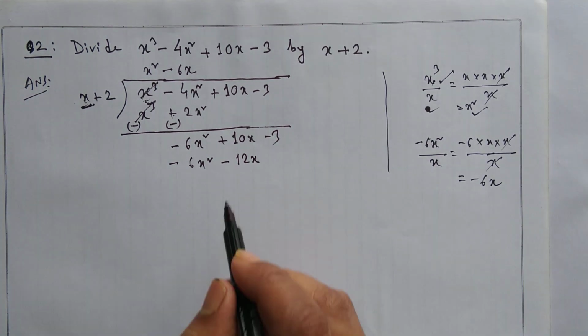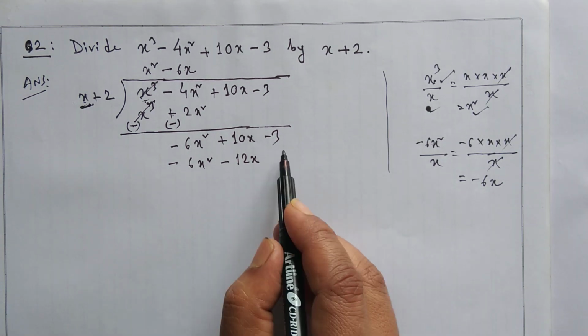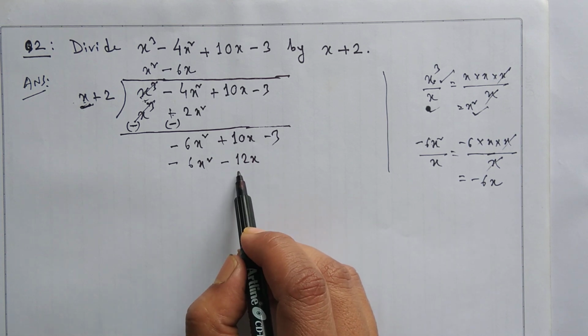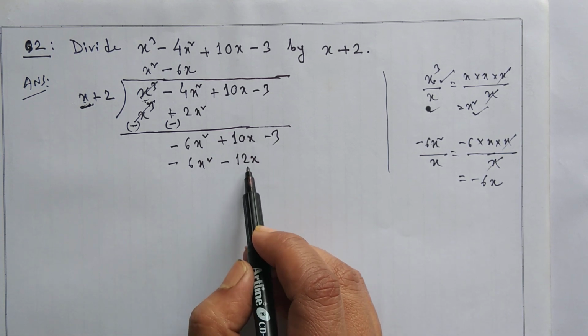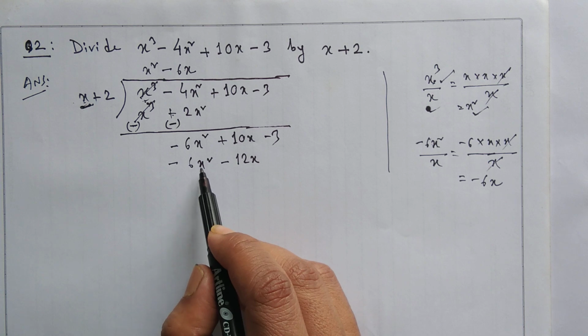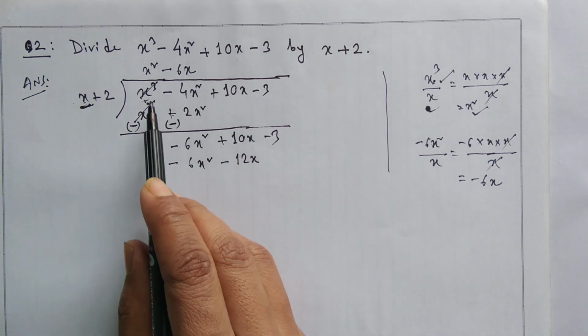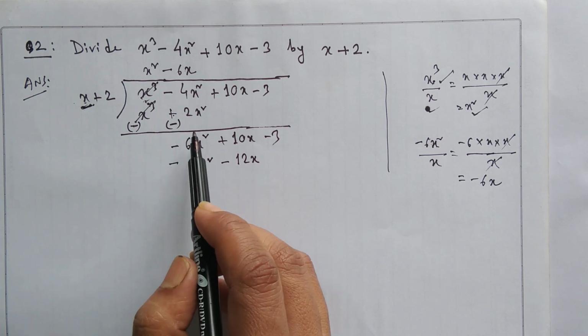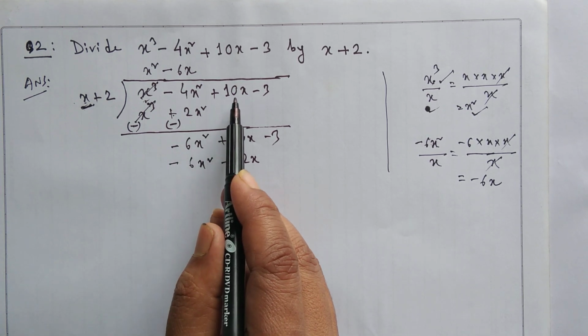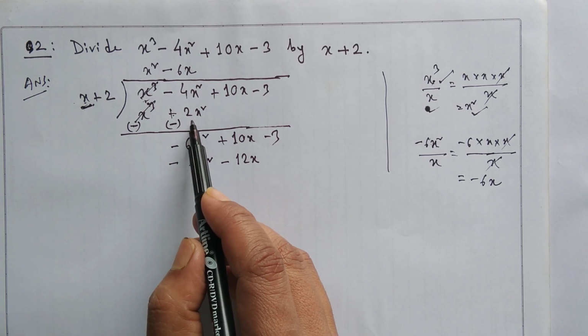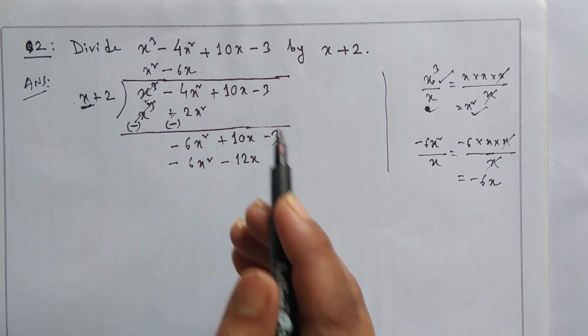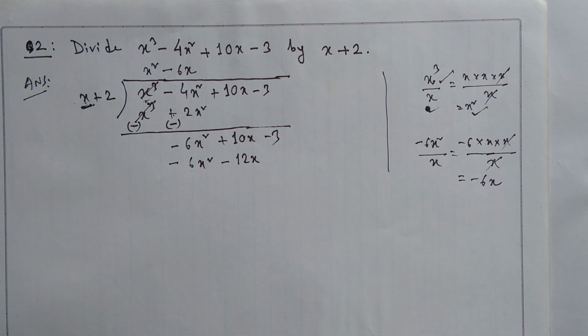See here one thing: this minus 12x I did not write vertically below 3. I am writing it below 10x because they are like terms. 6x square I am writing below 6x square because they are like terms. Every time, x cube I write below x cube, not below 4x square. Twice x square I write below 4x square only. That means like terms should be written vertically below the like terms of the previous line.